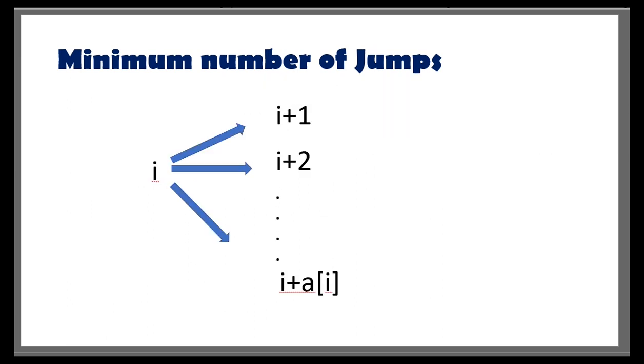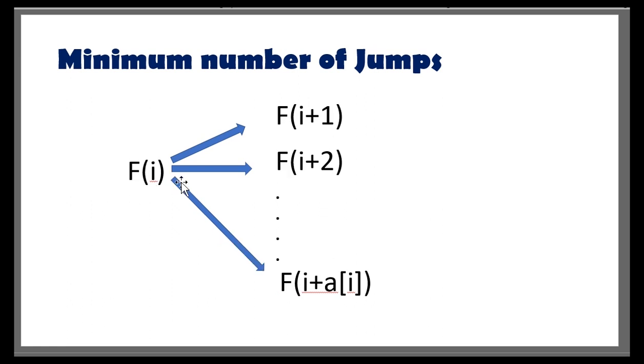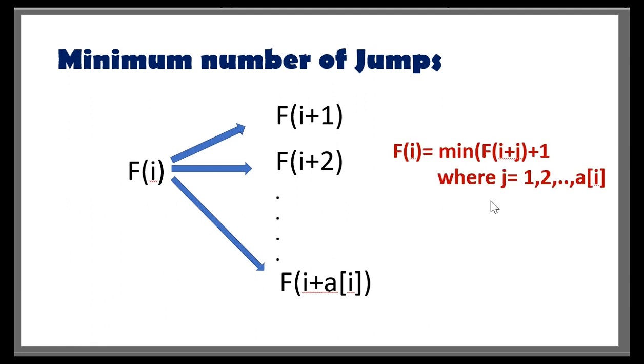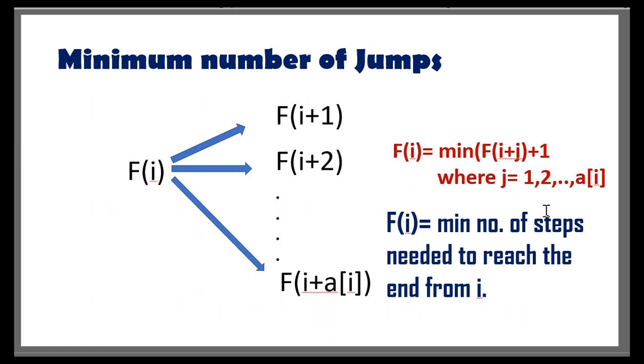We can also write it as f of I, where f of I is the minimum number of steps we need to reach the last element. So f of I is the minimum of all these, and it is the minimum number of steps needed to reach the end from the index I.